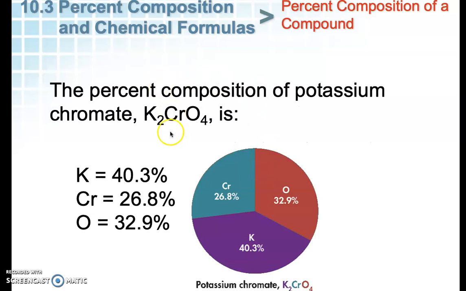So let's take a look at this formula right here. The percent composition of potassium chromate, K2CrO4, is 40.3% potassium, 26.8% chromium, and 32.9% oxygen. How do we find out those numbers? Well, there's a little bit of math involved, and you have to use your periodic table. You need to know their mass numbers.